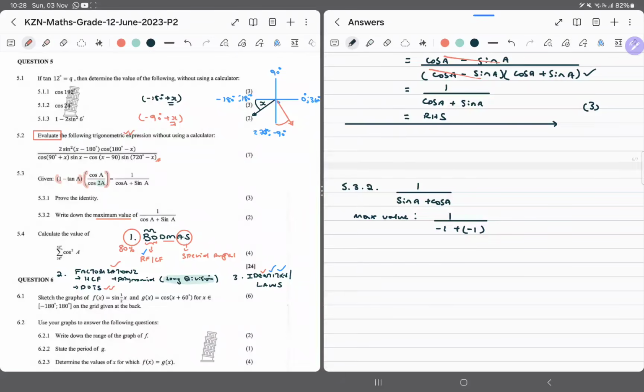This is us using our knowledge of functions. Obviously this may be crazy, but who cares? So this is -1 plus -1, which is -2. And that's it. So we can just say this is -1/2. This is the best I can say. So that should be the smallest value there. Okay, so how many marks? 2.